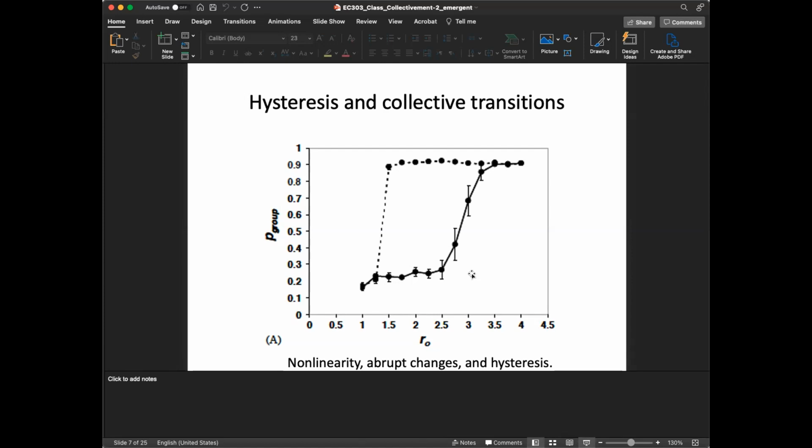Sir, this type of hysteresis is easier to understand than what happens in the case of harvesting, right? Yeah, this is intuitively a bit easier to understand. You're right. The entire group is already in a polarized state, and so if you reduce R0, it's conceivable that they continue in the same direction, because they are now set to move in the same direction.